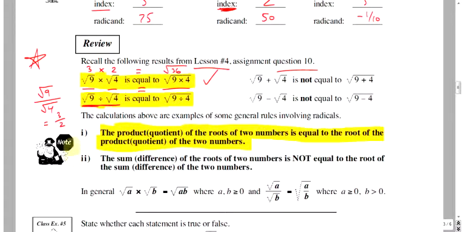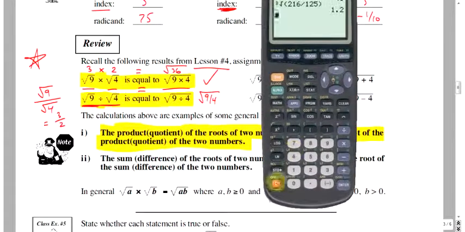Don't believe me? Put it on your calculator. Is that the same as the square root of 9 over 4? Well, I already told you it's true, but let's try to figure that out. The square root of 9 divided by 4 hopefully will be 3 over 2, otherwise known as 1.5, and it is.